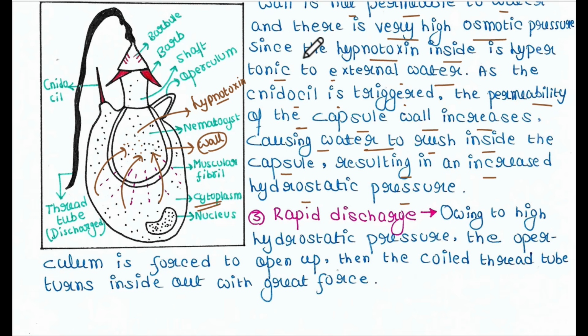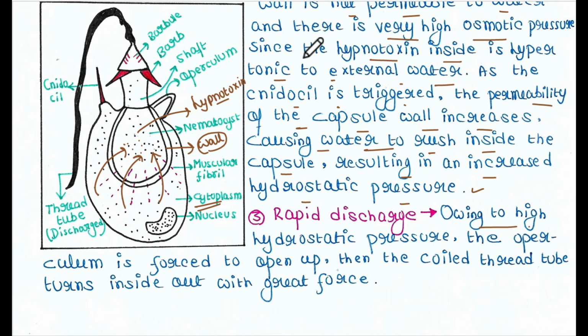And the water will definitely enter the capsule since the capsule is hypertonic compared to the cytoplasm. That is why, to maintain the ionic balance, the water from the cytoplasm rushes inside the capsule. That means inside the capsule, the water pressure, the hydrostatic pressure, is now very high.